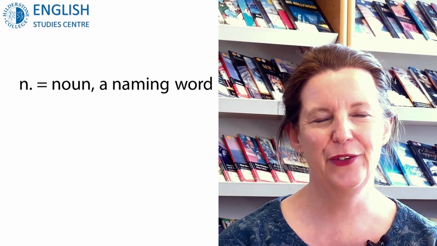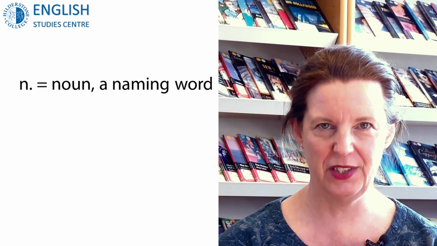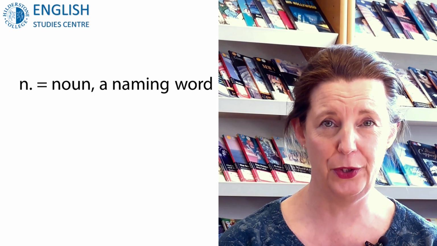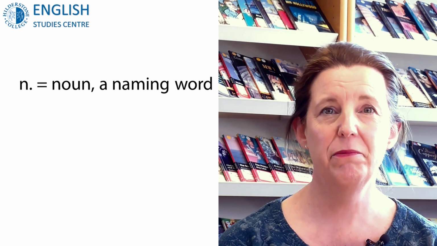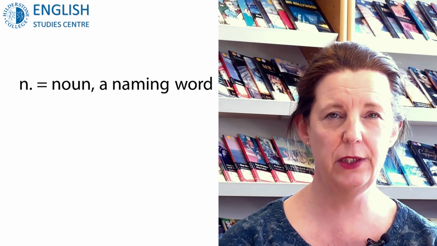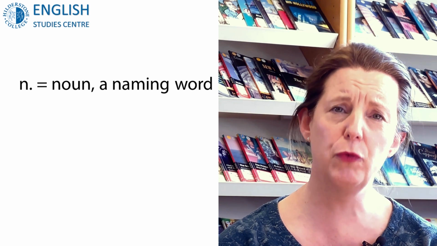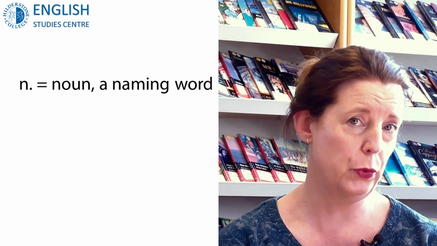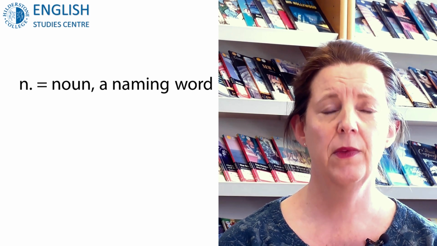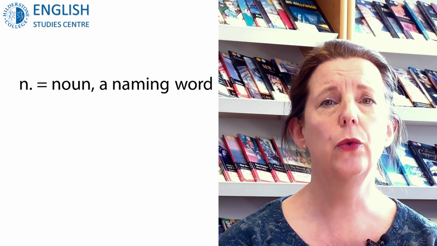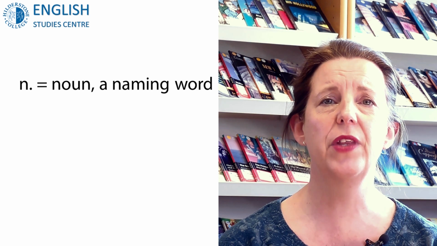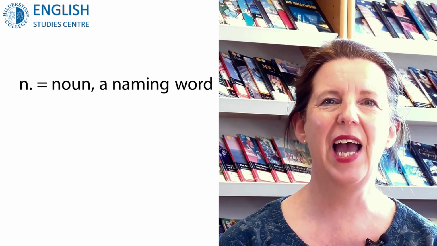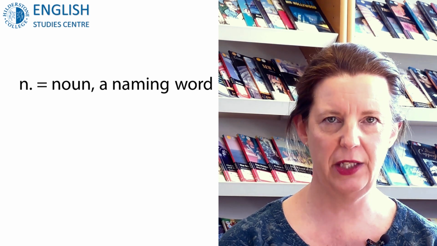Different dictionaries also use different methods to show you how common a word is. Some colour the most common entries, or they give them a star rating. So the more stars a word has, the more common it is. Some dictionaries also use what's called the CEFR scale.